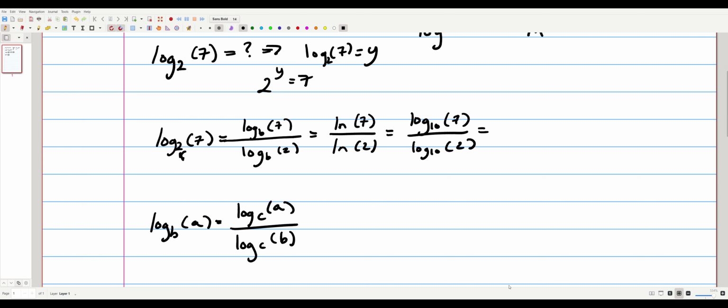And let us quickly do that on a calculator and see what kind of value we get. And so we have natural log of 7 divided by natural log of 2, and we get 2.807..., right?